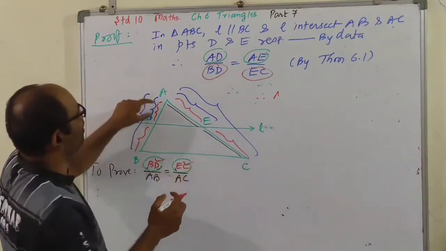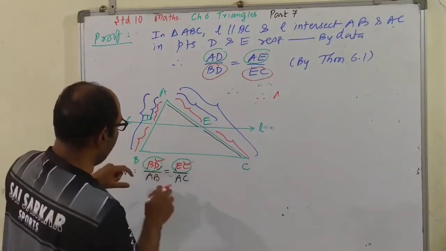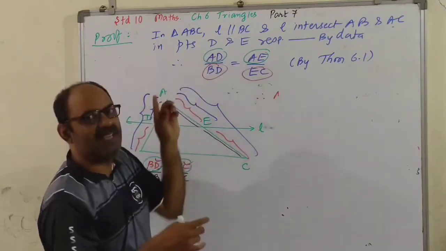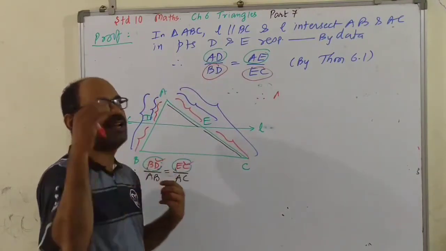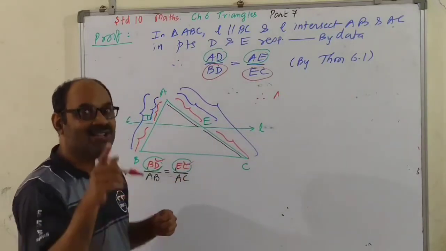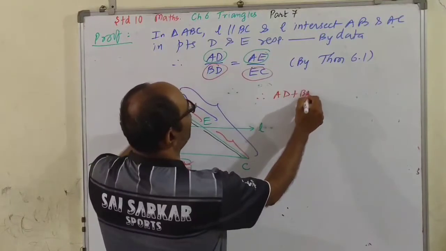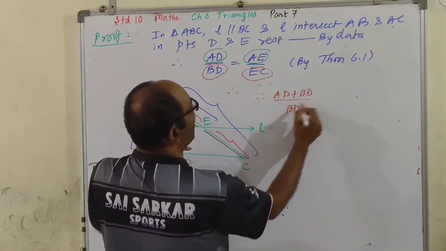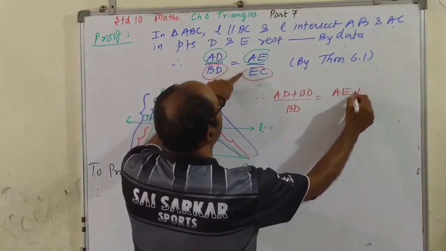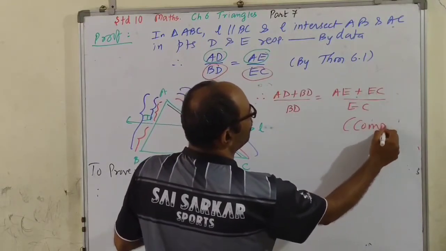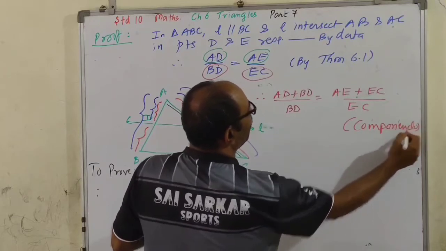Here we have to do part plus part, because AB is whole, AC is whole, and here AD and AE are parts. To make a part whole, you have to add something to it. So we are going to use componendo. AD plus BD upon BD is equal to AE plus EC upon EC. We have used componendo.